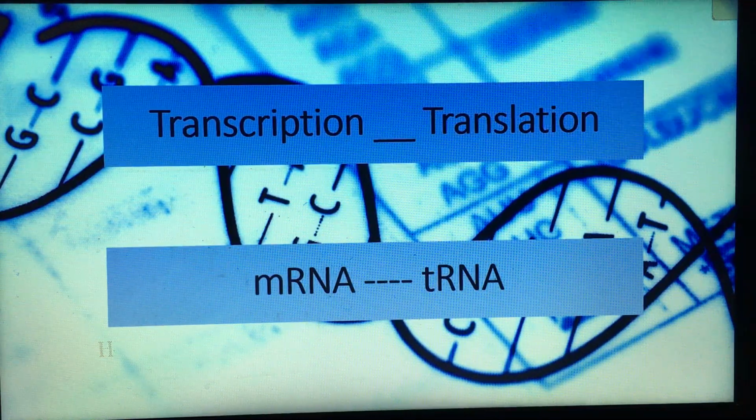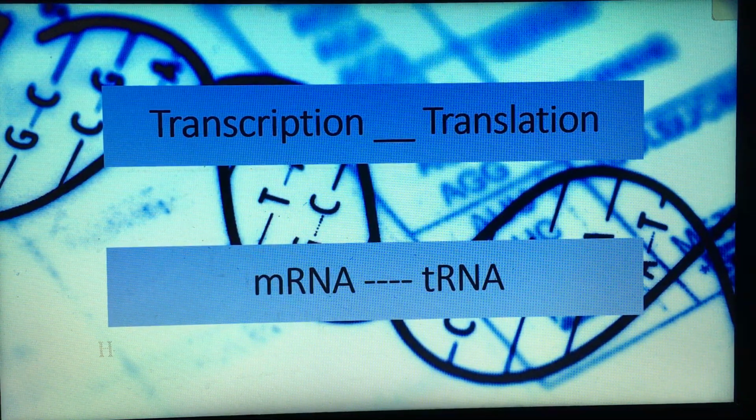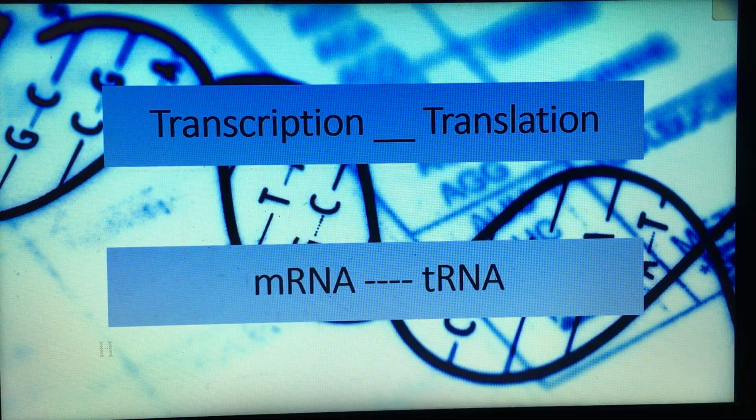Okay, let's start with the first point, which is how does the DNA in the genes instruct the cell to make particular proteins. So, we are going to learn how we use DNA to make proteins.